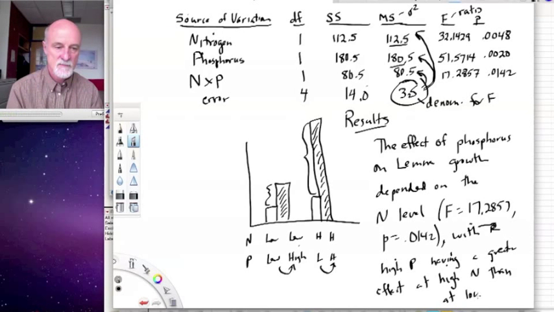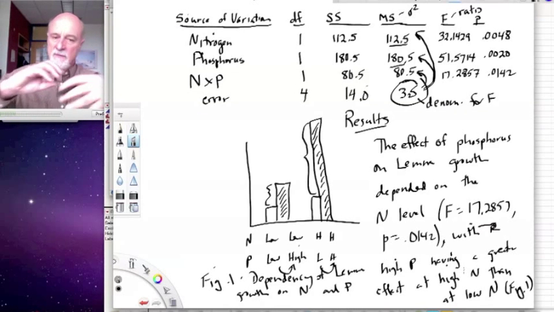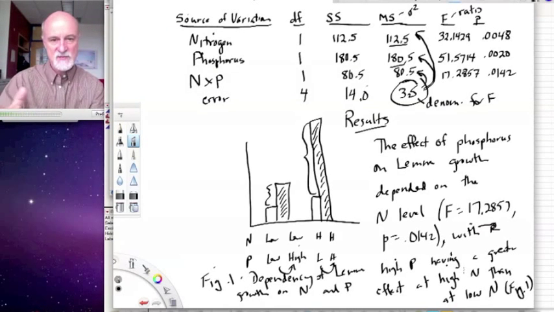In other words, and then we would reference our figure, figure 1. Here's our figure 1. And the figure 1 legend would say something like dependency of lemna growth on nitrogen and phosphorus. All right, so the figure legend just describes what's in the figure.